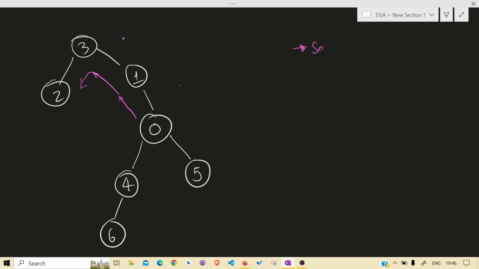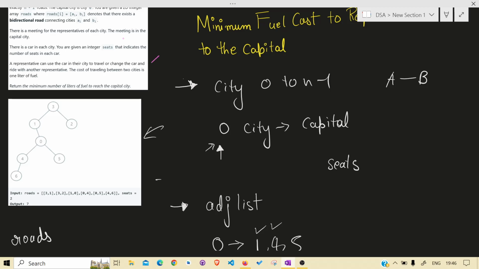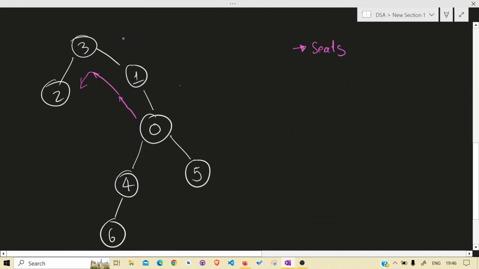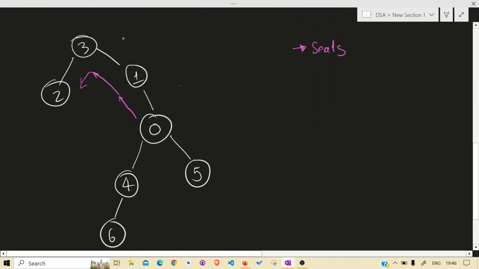Mind you, you are given seats, and in order to have the minimum, you need to make representatives sit in one car that is passing through. Also, something is given right over here. You should read what is written. In short, it is not necessary that a representative needs to use his own car to reach the capital. He can use another representative's car to reach the capital.